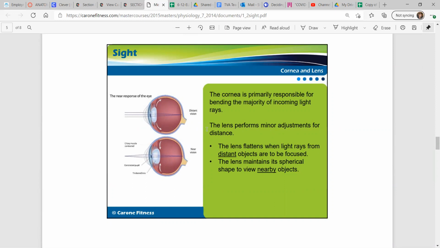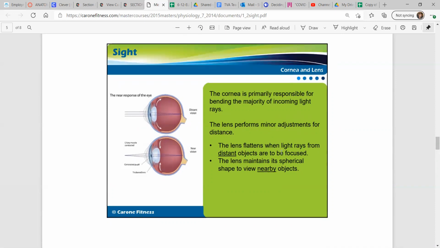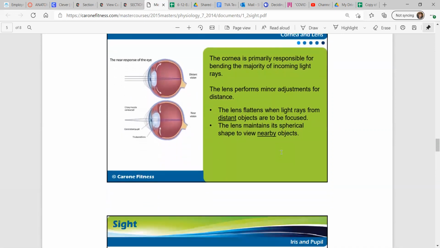The lens performs minor adjustments for distance. The lens flattens when light rays from distant objects are to be focused. The lens maintains its spherical shape to view nearby objects. So nearby, far away.